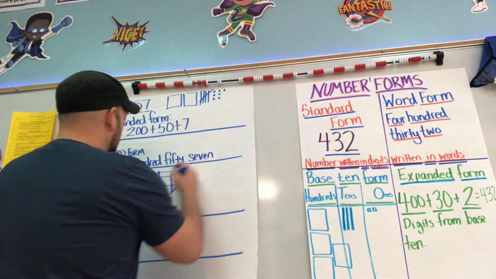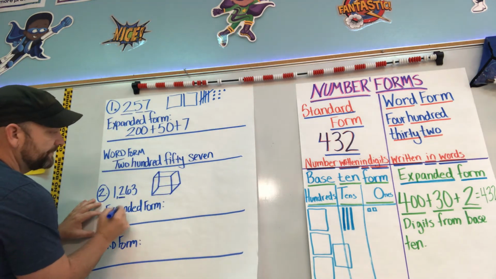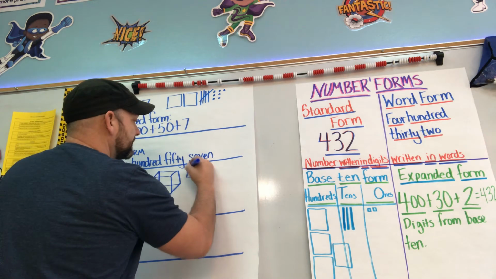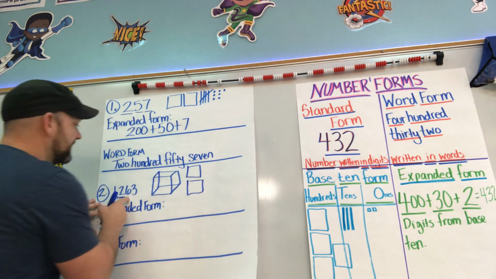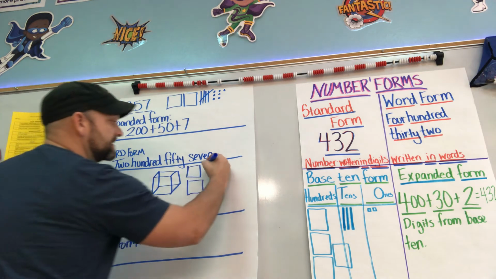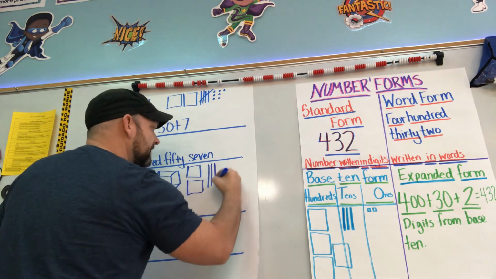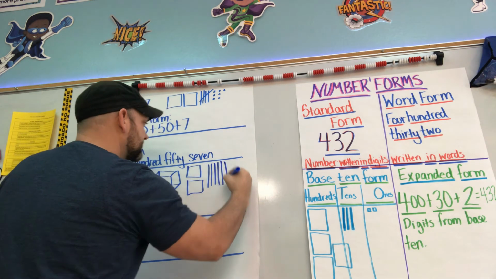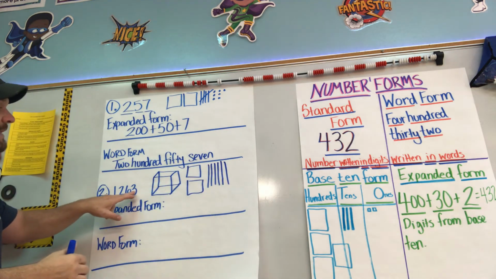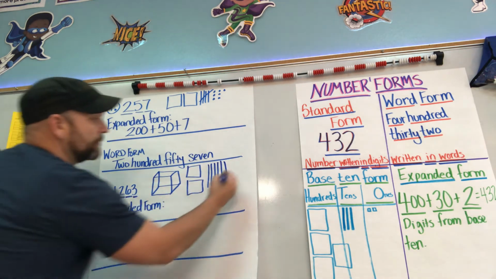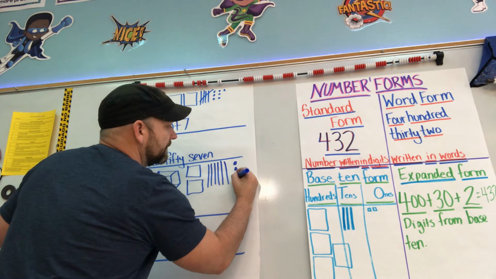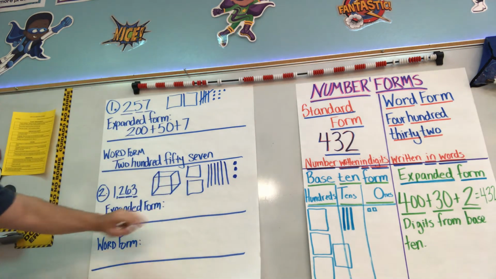And then we look at the hundreds place and there's 2 hundreds. We look at the tens place, there's 6 tens, so we make 6 10 rods. 5, 6, that's fine, I didn't do the cross through. And then we look at the ones place, we've got 3 ones. Okay, there it is in base 10 form.